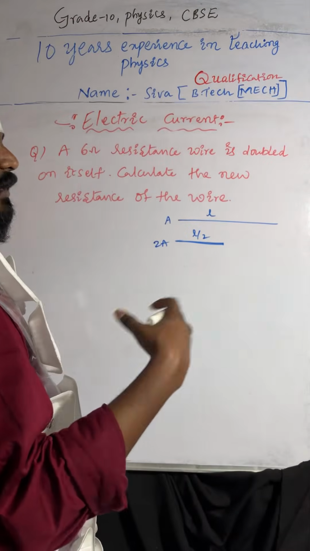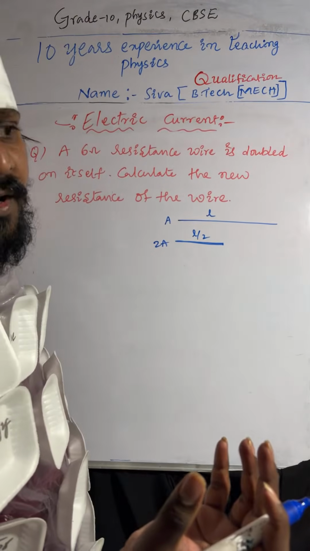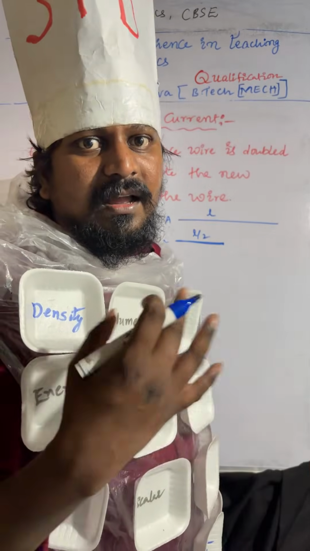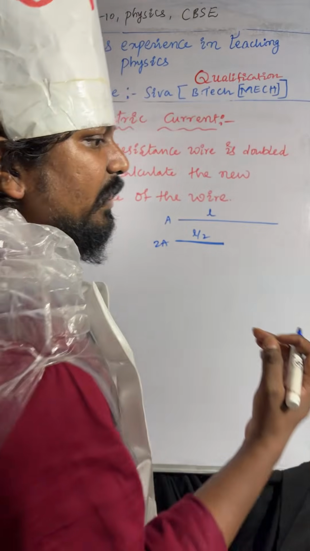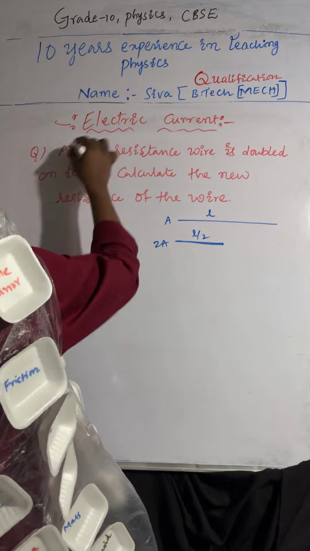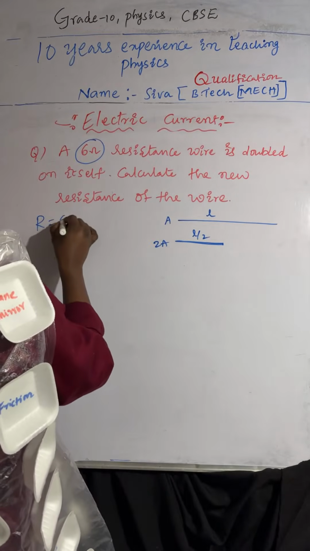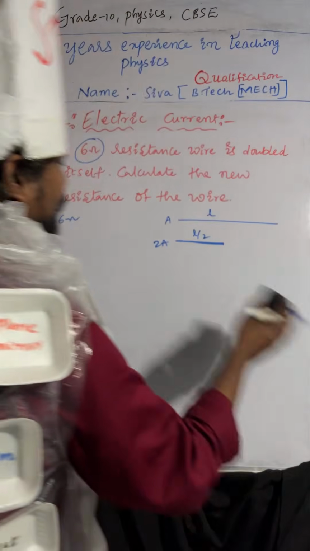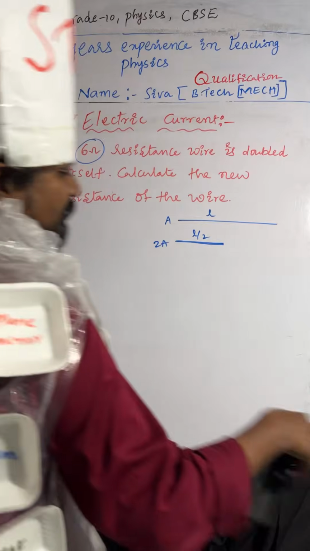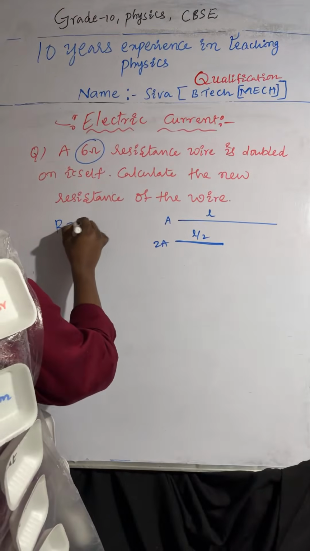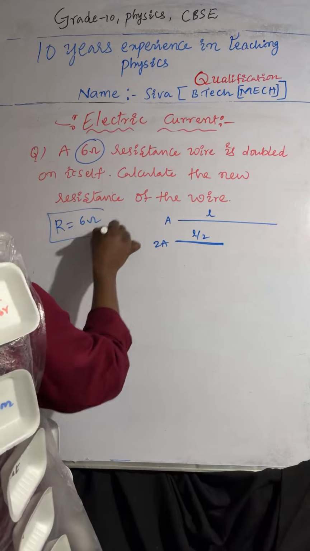Area of the cross section is doubled, but length of the wire is halved. Now original resistance R equal to 6 ohm. Understood or not? So R equal to 6 ohm.